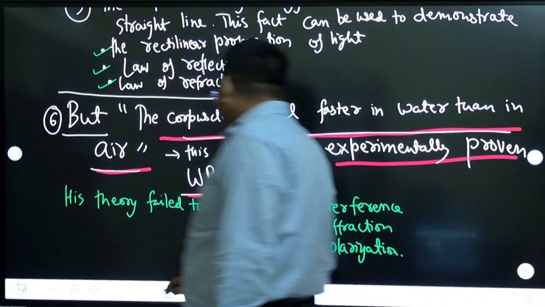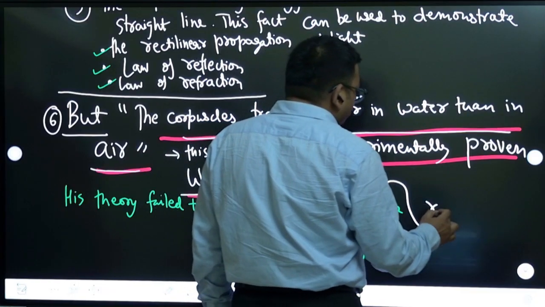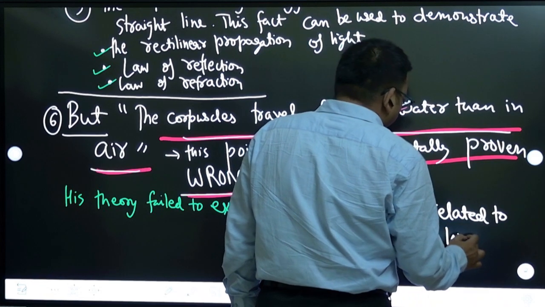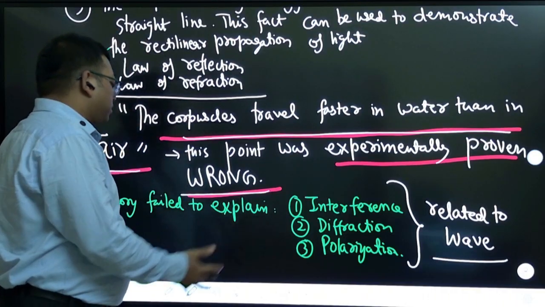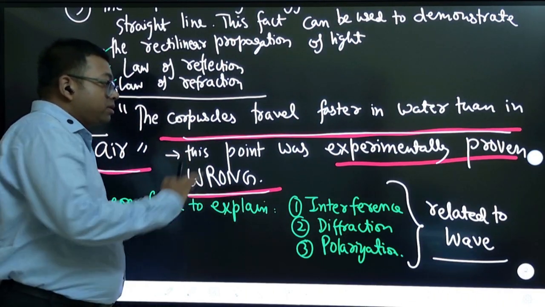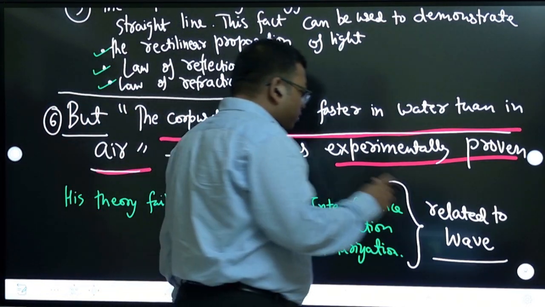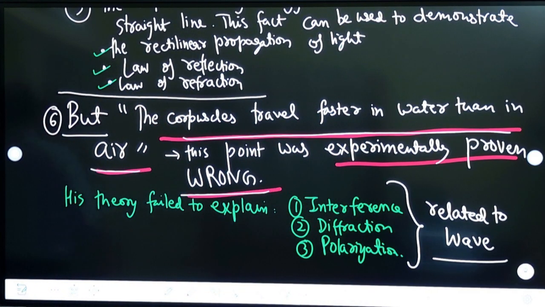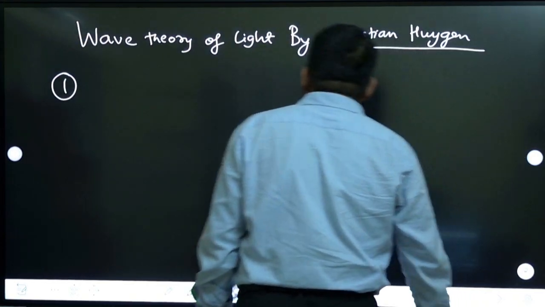These phenomena are related to waves, because they are wave phenomena. So that's why they cannot be explained by considering light as a particle. Definitely it cannot be explained. Okay, so now we will go into Christian Huygens's wave theory.